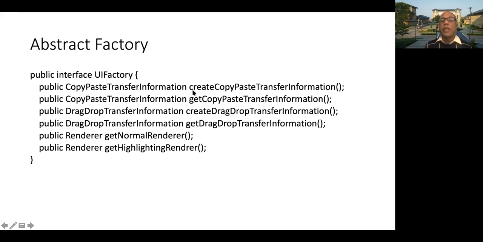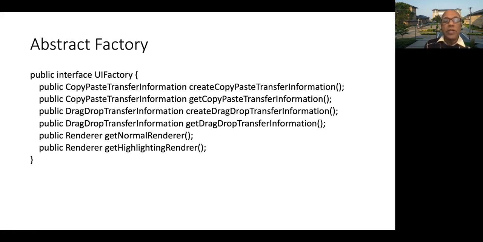So when the controller is asked to copy an object, it will call this UI Factory object to create copy paste transfer information. This is where it will store all the information for copying the objects. And when it is time to paste, you will invoke this method, get copy paste transfer information, so that you can get the objects that need to be pasted.